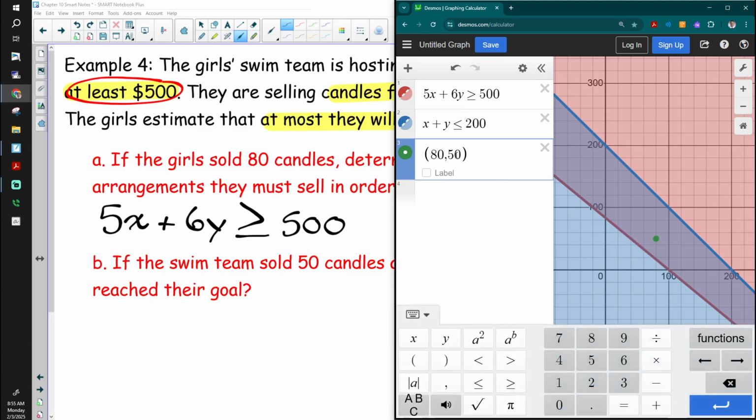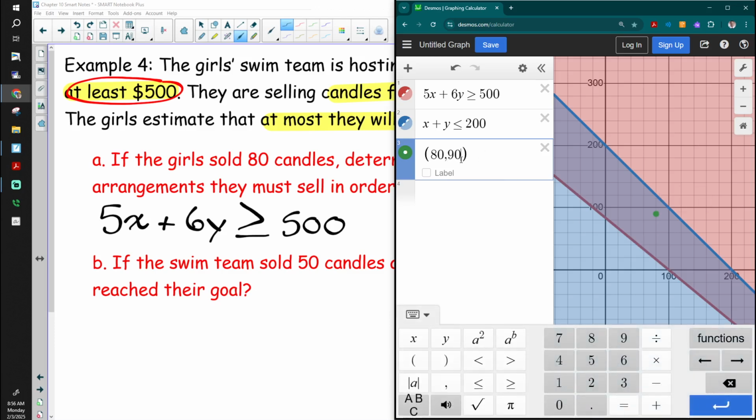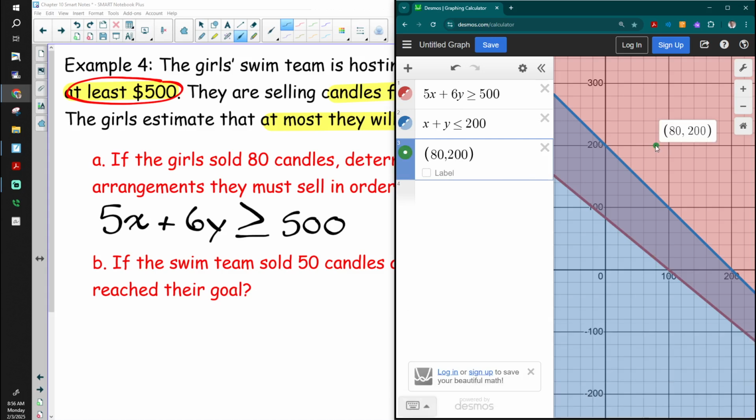If they sell 90, does that work? Yes. If they sell too many, though, like 200, that's way too many. So we're finding an amount of flowers that gets us in the double shaded region. So 80 candles, 50 flower arrangements.